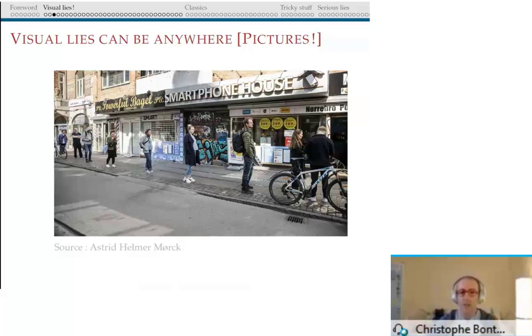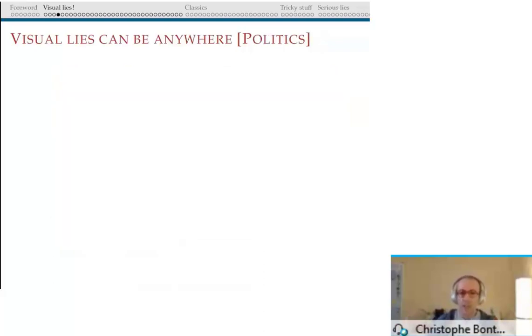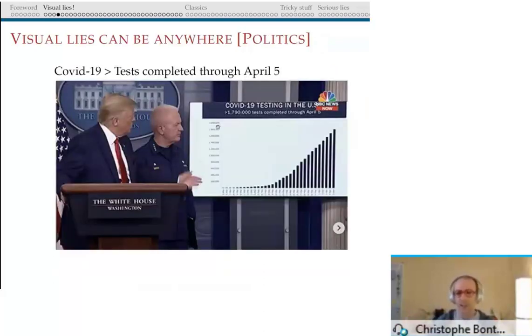There's nothing wrong with this graphic, with this former president of the United States showing the COVID-19 testing in the US. I think it was on April 5. There's nothing wrong with this graphic, except that when you see it, what you see immediately, because your eyes are performing a visual statistical test, is, oh yes, it's increasing.